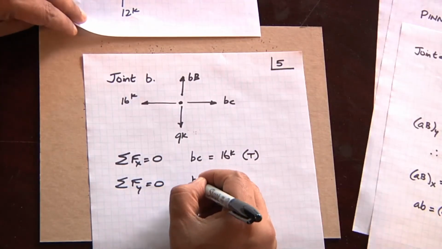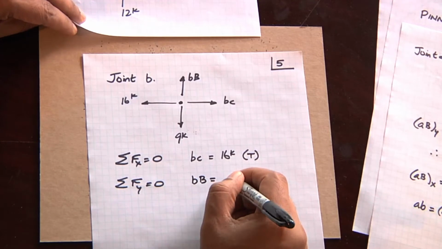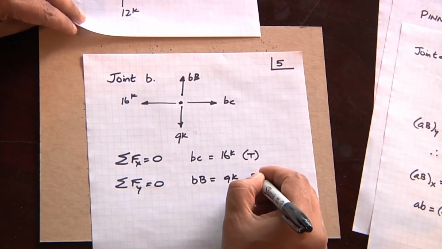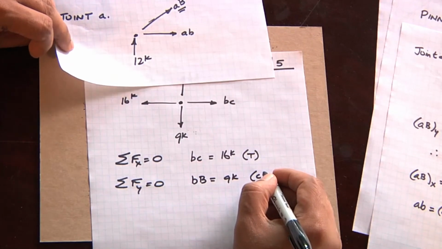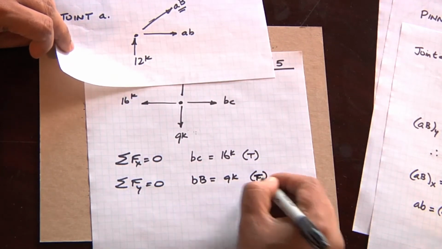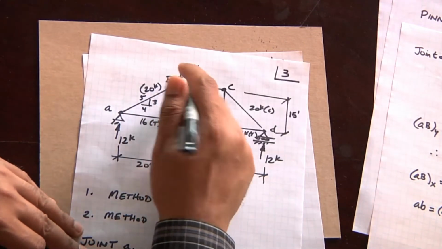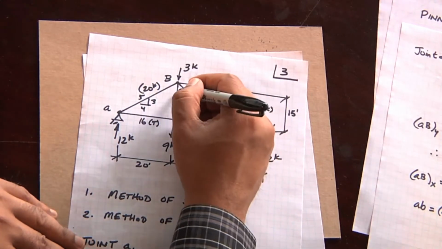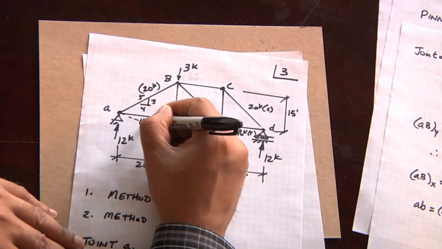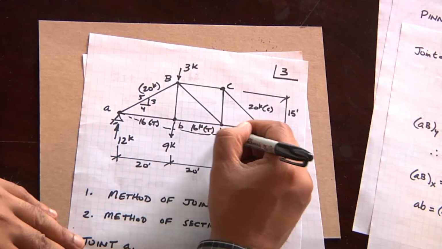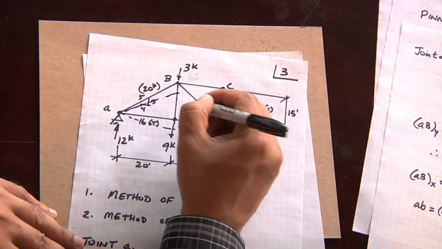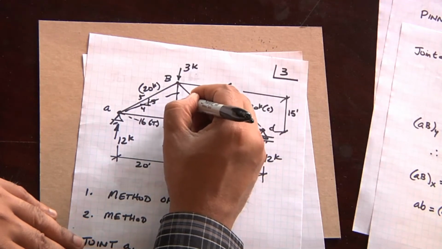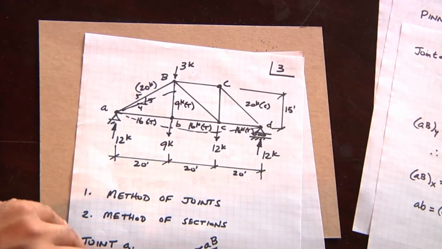The sum of the forces in the Y direction tells us that B, capital B, must equal 9 kips, and that has to be in tension also, not compression, because this is pulling. This chord is extending down; if we drew the deflected shape it would look like this, and so this chord is getting pulled. So this 9 kips is in tension.